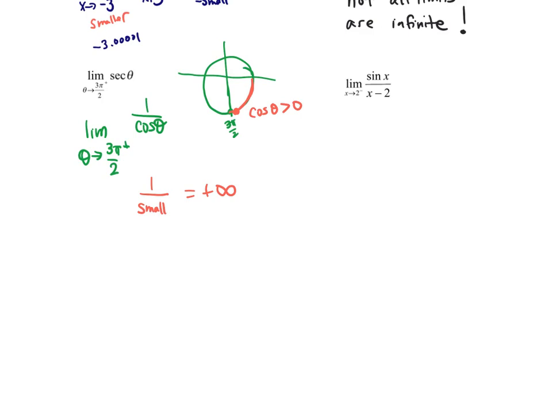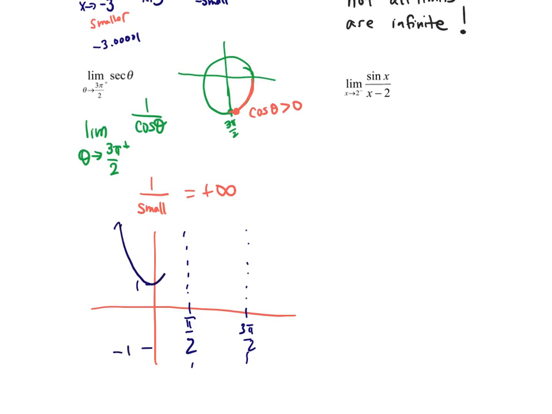Now these, quite honestly, are pretty tricky to do with just the algebra. Most people will probably just look at the graph. If I do graph this, what you'll see is there's an asymptote at pi over 2 and 3 pi over 2. And we have a value at 1 and negative 1, so these go something like this.